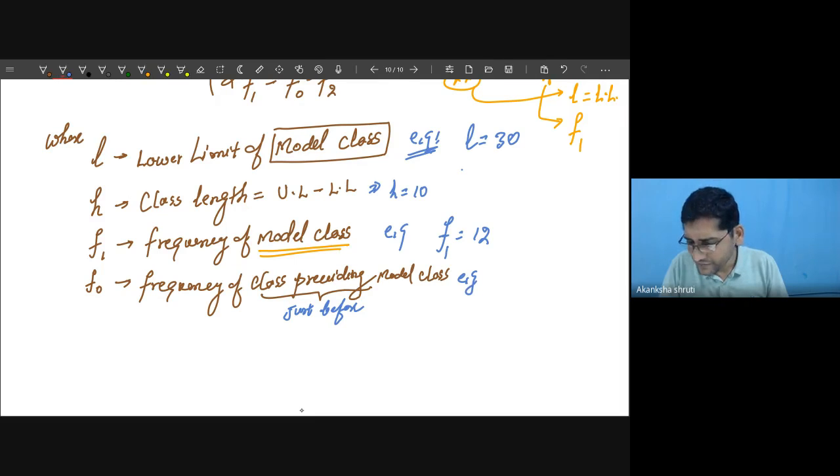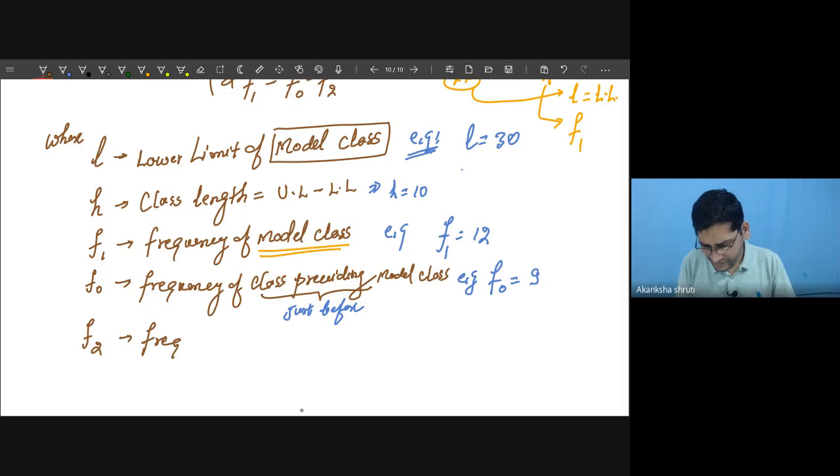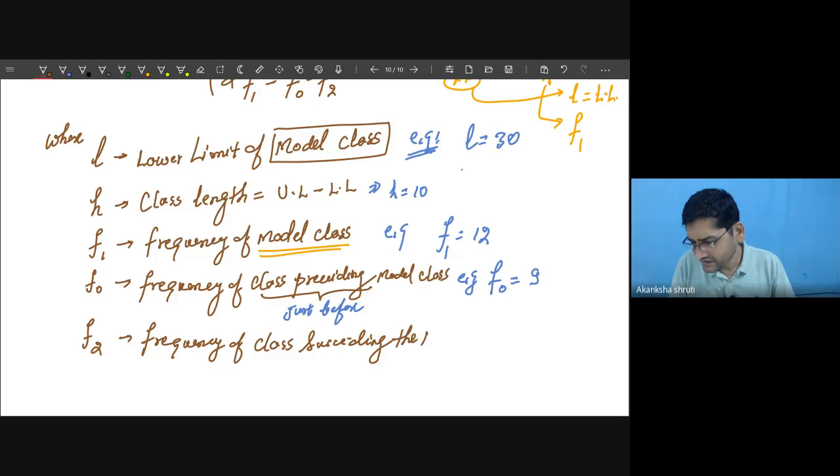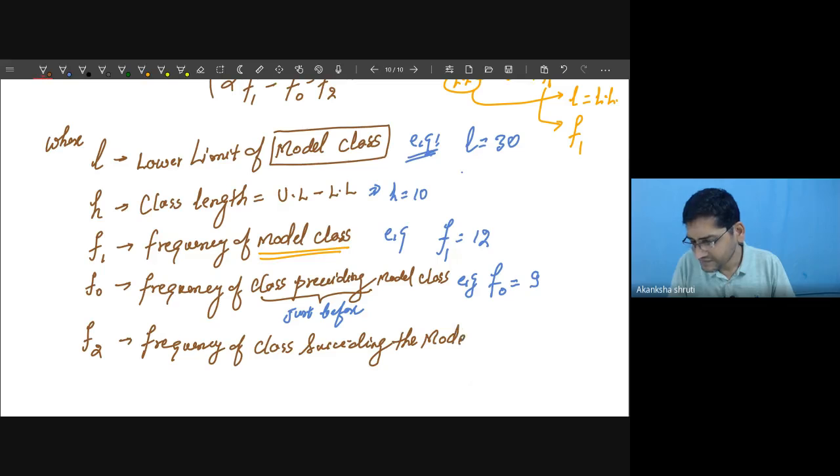Example here, the F0 that we have obtained is 9, and F2 is called the frequency of the class succeeding the modal class.